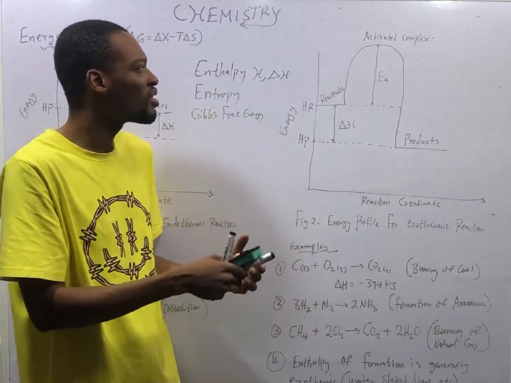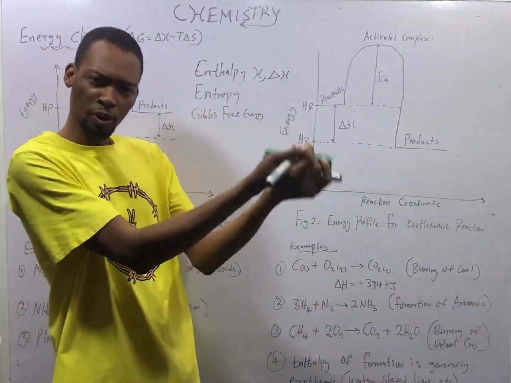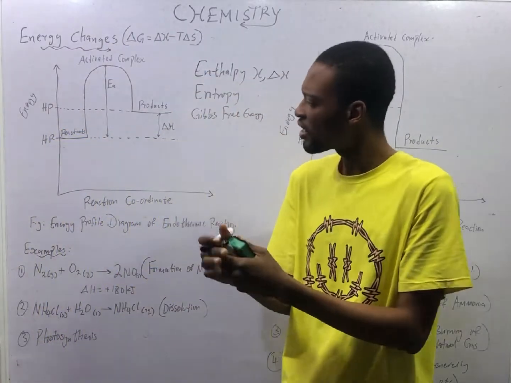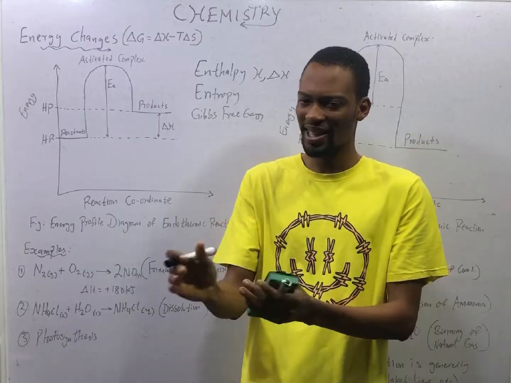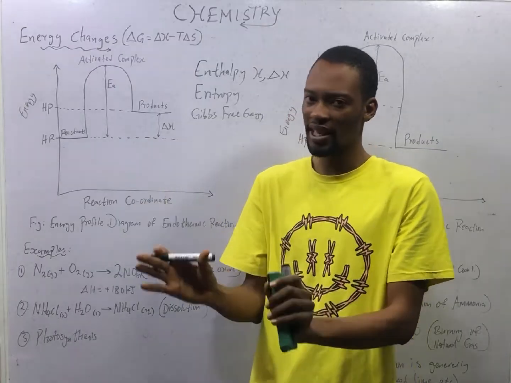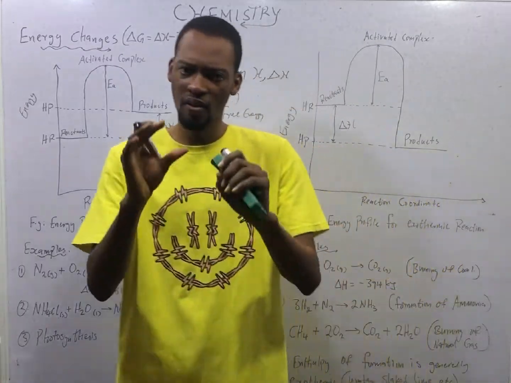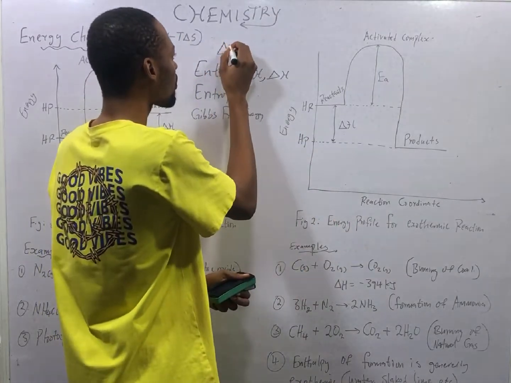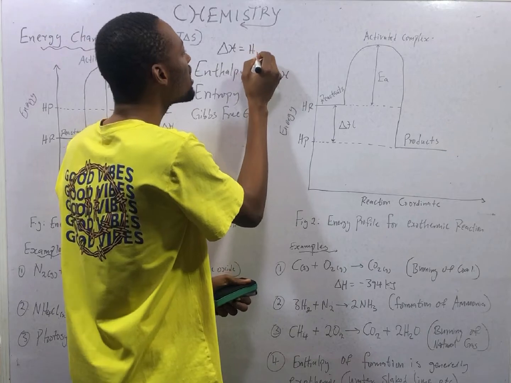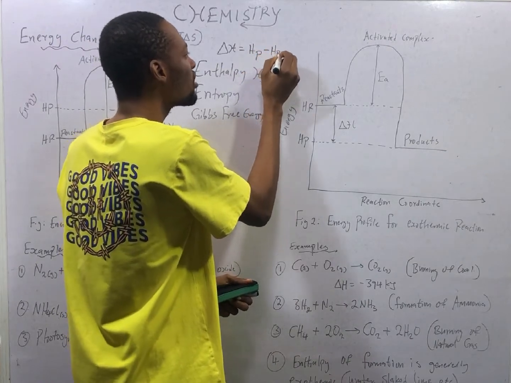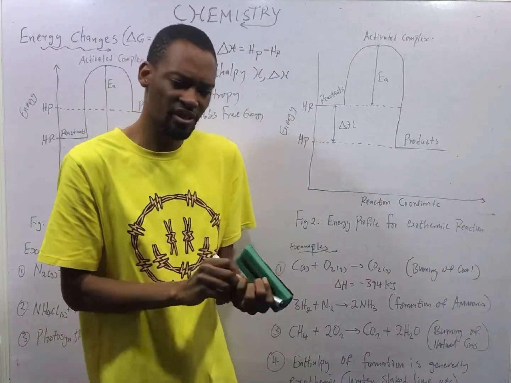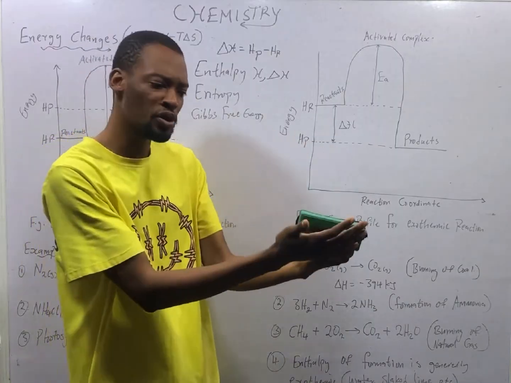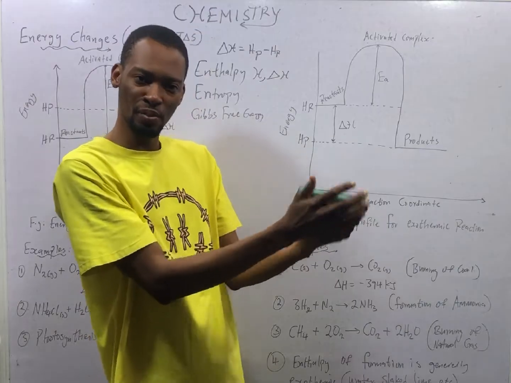In reactions, you have the reactant part and the product part. If an acid reacts with a base to form salt and water, acid and base are the reactants, salt and water the products. So the heat change delta H is simply the heat of the product minus the heat of the reactant. You check the reactant, what is its heat content? You check the product, what is its heat content?